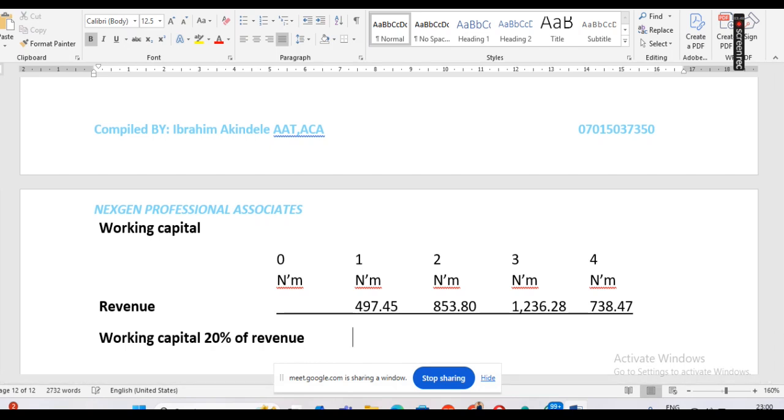So what is the 20% in year one? What is the 20%? What do you have in year one? Quickly. What is 20%? 99.49. Okay. What do you have? 20% of year two, what do you have? 170.76.